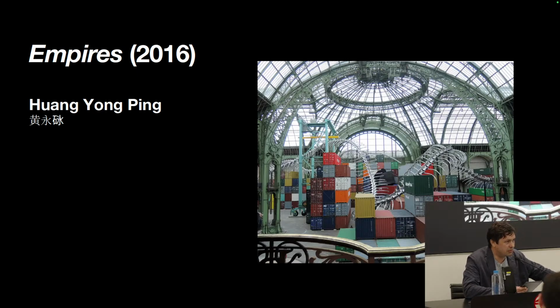That he did at the Grand Palais galleries, which host huge exhibits. But he made this piece really for it, called Empires, and you can see in it the skeleton of all Caesars. At the back there's a Napoleonic hat, so it alludes to the passing of power reigns, you could say.